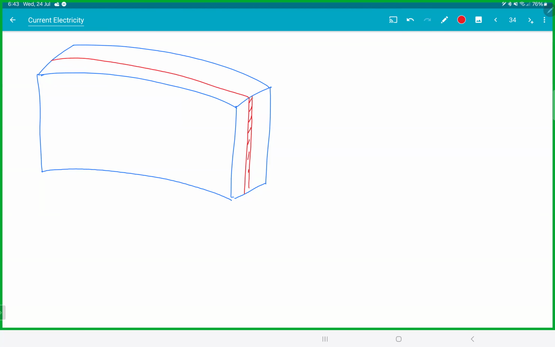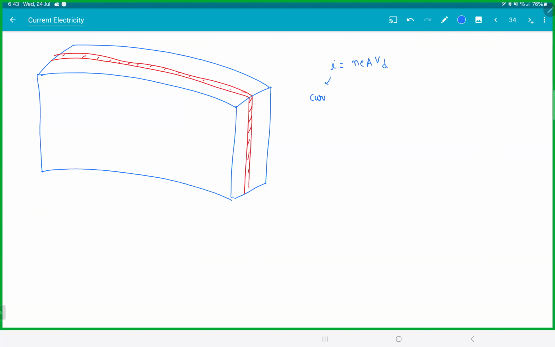Now, when we say I is equal to N E A V drift, this I is the current in the thin strip. I don't want the total current. So the current in that thin strip is the potential difference by the resistance across the thin strip. That will be N E, area would be this T dx, and this is length L, into V drift.